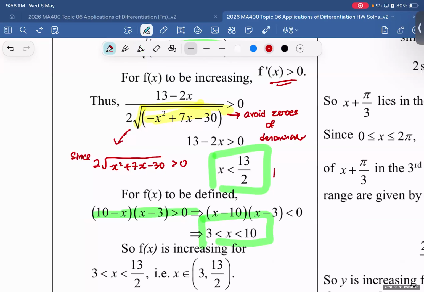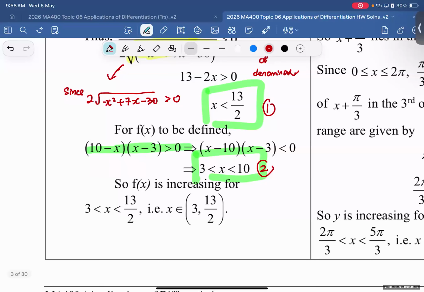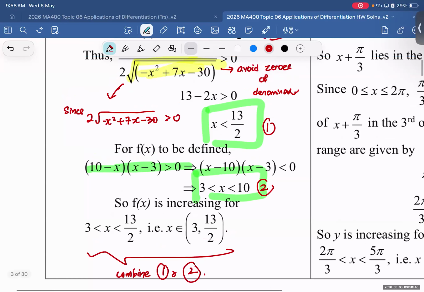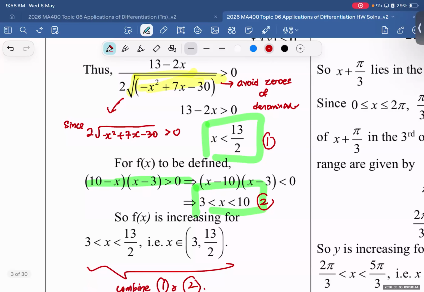So constraint number 1, constraint number 2, put them together. If I combine 1 and 2, this is the merge or the intersection of 1 and 2. Then I get this interval. Is it okay? Combine 1, combine 2 to get this number 3. Okay, just like you who's trying, I'm also putting in set notation.